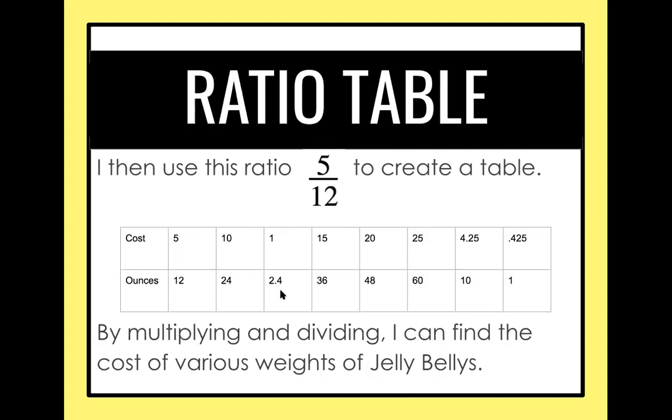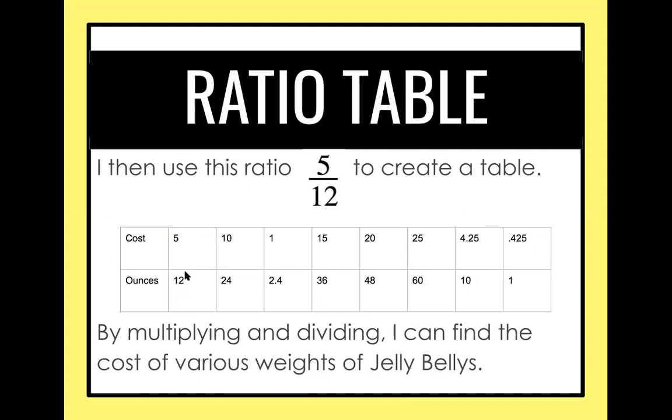Now I can go back and use my original ratio to create other comparisons. So say I needed 36 ounces of jelly beans. To turn 12 into 36, I would multiply by 3.